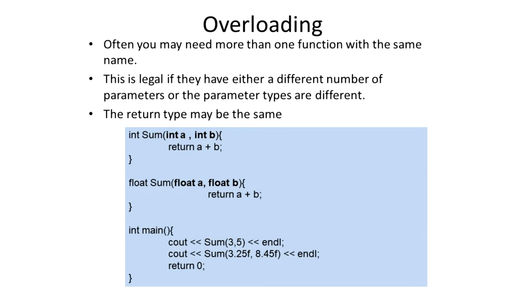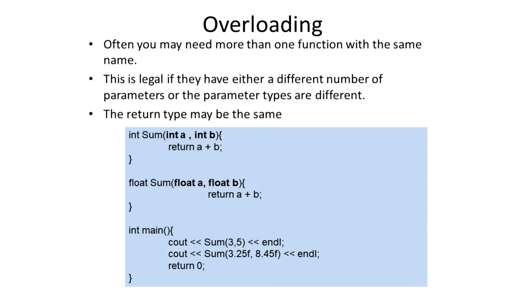And so when we come to look at the function calls, the compiler can implicitly work out that we're passing integers in the first call to sum, because we're dealing in whole numbers there. So therefore, it would look up the function that accepts integers, which is the first one we see above.